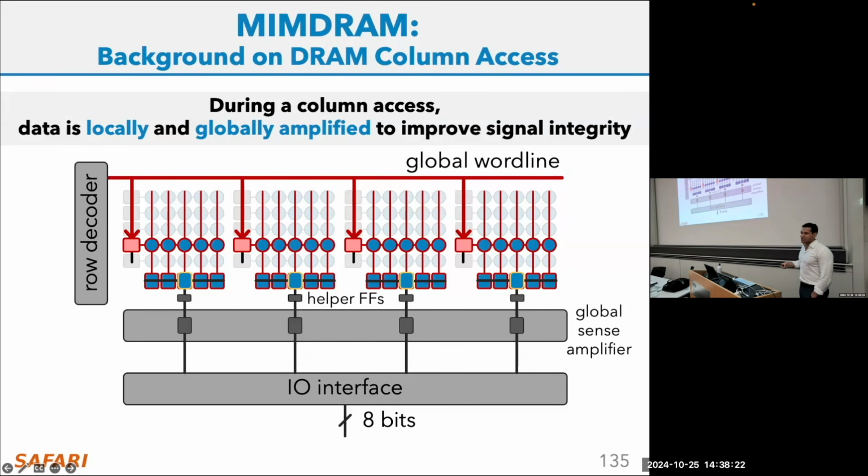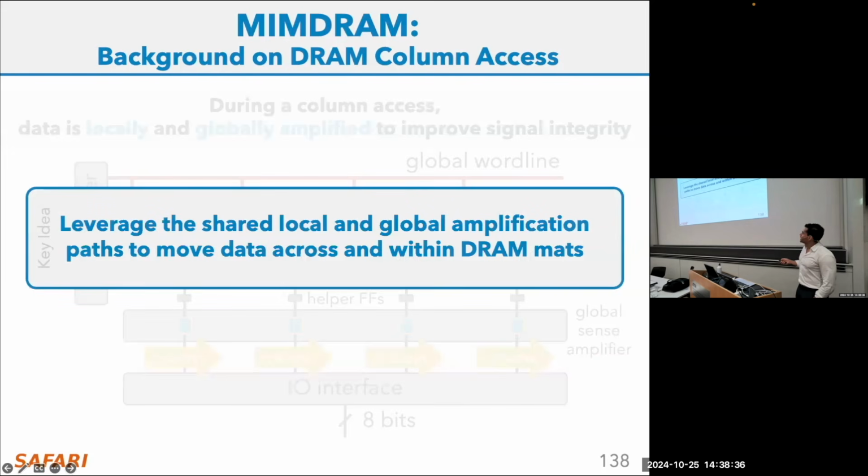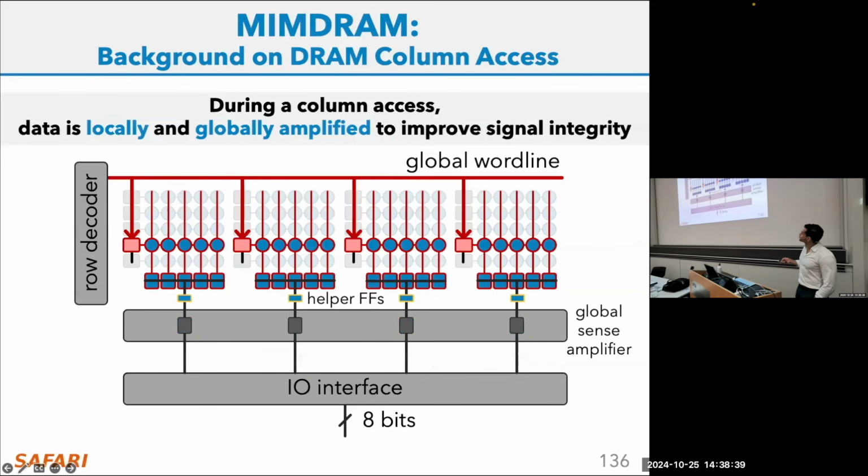To do that, the DRAM chip uses some extra structures called helper flip-flops. Those are flip-flops that sit at the edge of the DRAM mats. Once you read the DRAM column, the column data is first moved into those helper flip-flops, so I'm amplifying the signal. And then from these helper flip-flops it goes to the global amplifier and eventually to the I/O interface.